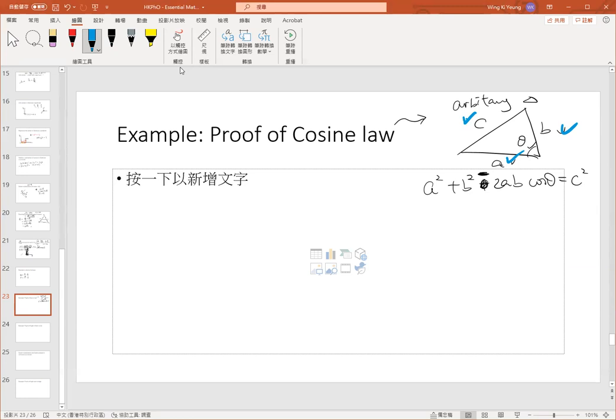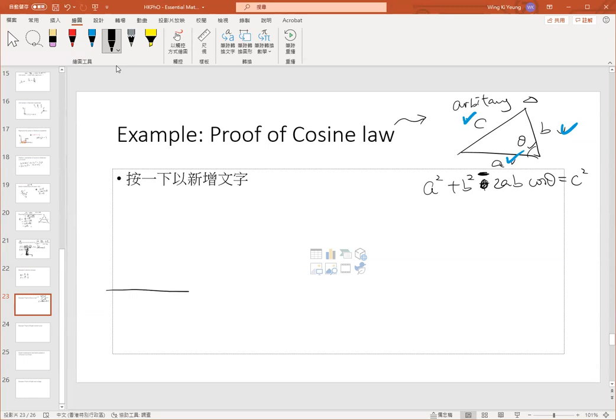Of course, if this is a right angle triangle, you don't need to use this law. You can simply use the Pythagoras theorem and sine, cosine, tangent to find all the things you want. If you want to prove this one, you can still use the Pythagoras theorem and some identities in trigonometric functions, but it will be quite complicated. So we are going to use the dot product to prove it.